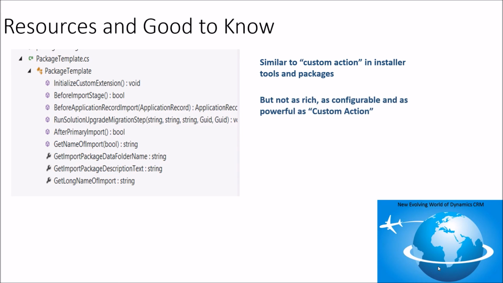But it is similar only in nature, because you write custom code to do something as a part of deployment, but it is not as rich as custom action. It's not that configurable, not very powerful. For instance, using custom action in an installer package, you can restart the IIS server, and you can reboot the machine.